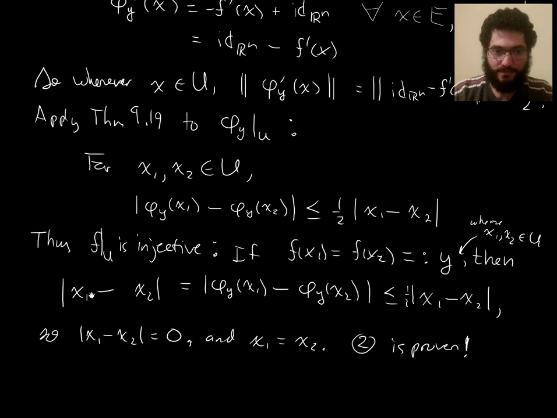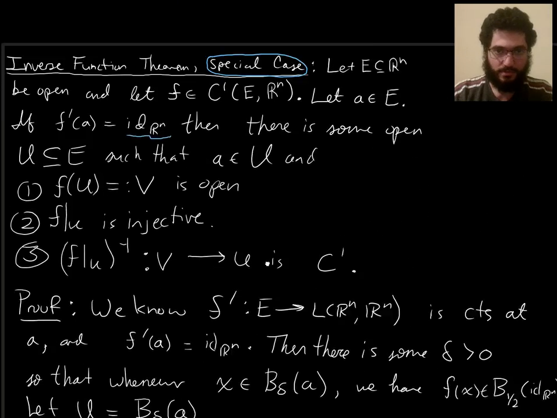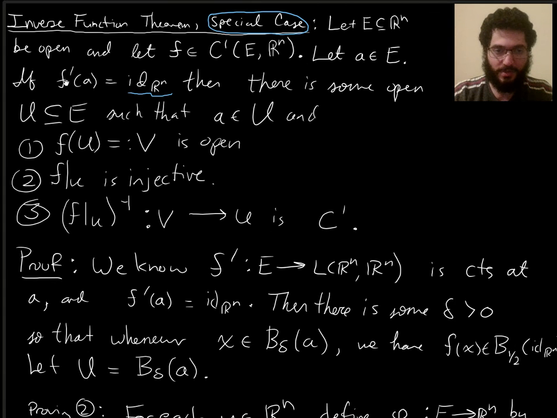And we've proven that f restricted to U is injective. So here's the theorem on display again, our special case of the inverse function theorem, and we've proven number 2. And remember, once the special case is done, the inverse function theorem proof is done, because last time we reduced the full theorem to this special case. So it remains to prove 1 and then 3.